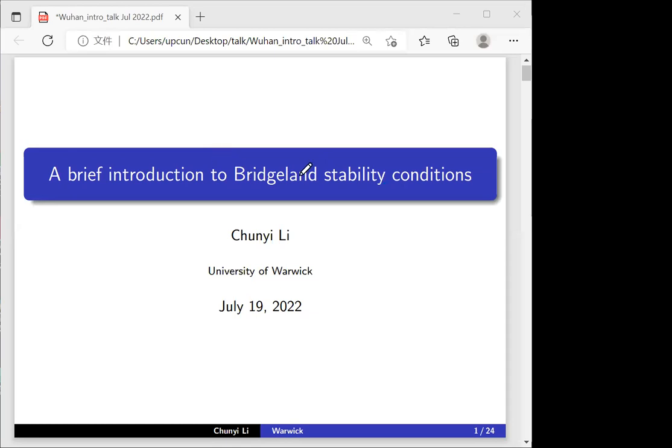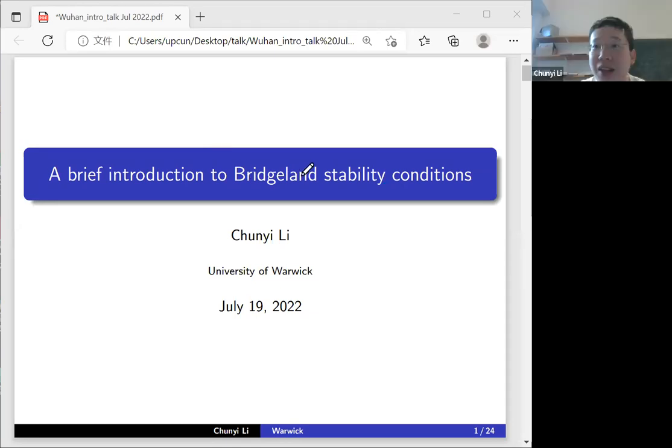I'm sorry that the title is a little different from the title in the advertisement. I'm still going to talk about similar material, but I reduced the amount of new results, in the sense that I'll mainly briefly introduce the definition of stability manifold on a triangulated category, which was introduced by Bridgeland about 20 years ago.